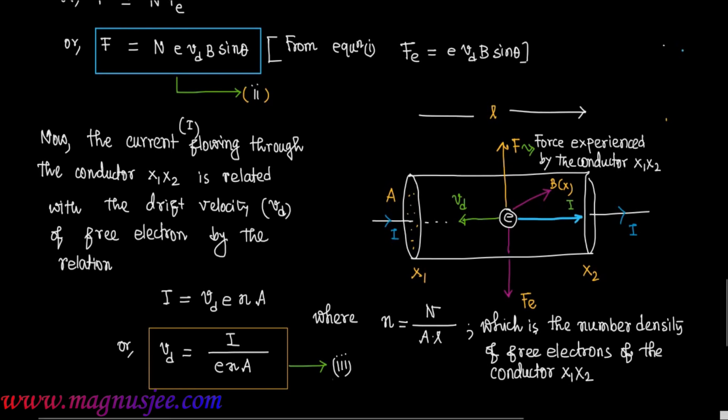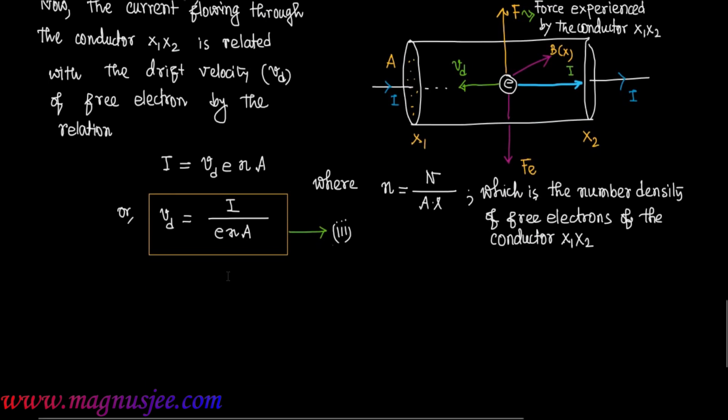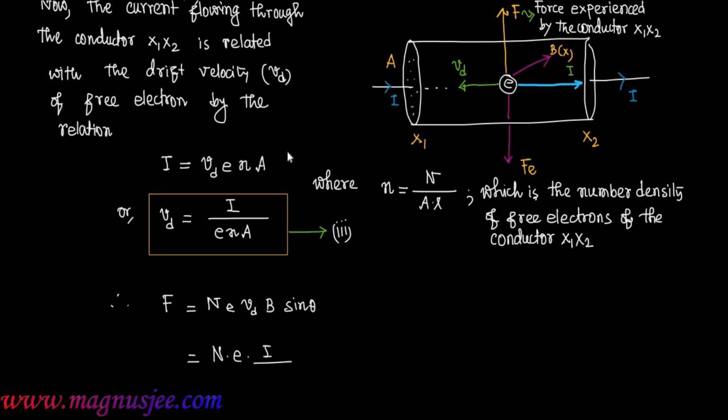Vd is the drift velocity of a free electron, which is accelerated with a drift velocity Vd in the direction opposite to the flow of current. Therefore, F equals N e Vd B sin theta, equals N e I divided by eNA dot B sin theta.